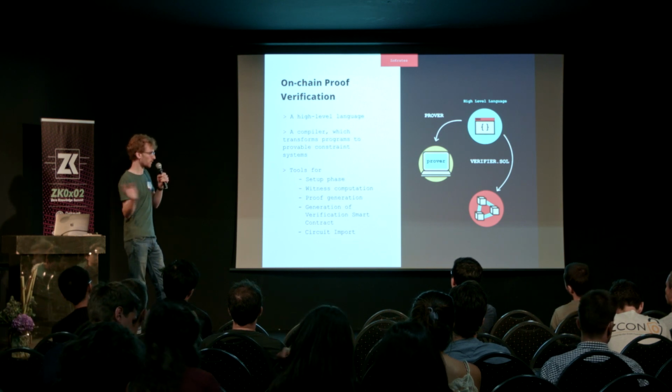And that's something that's completely independent from any blockchain. It's just a piece of software that lets you generate proofs. And the other piece of software that we generate in the other target is a verifier, typically.